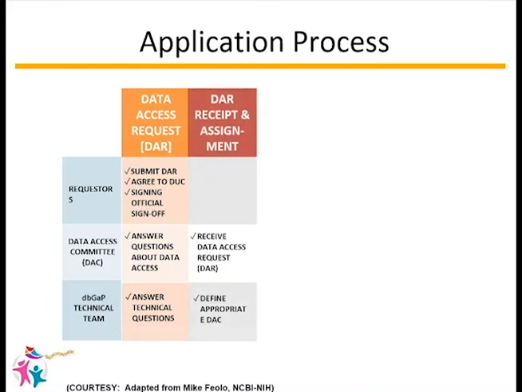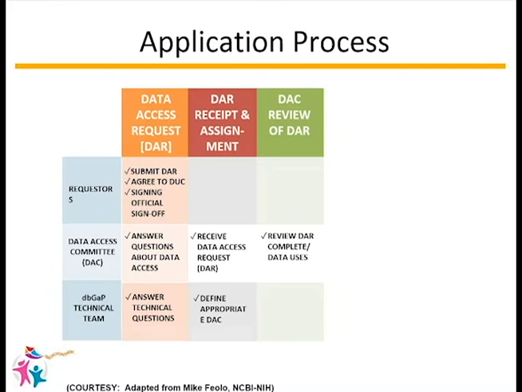Then that gets done, and the data access request gets assigned to me as the Kids First stack. We do a preliminary screen to make sure all of the administrative requirements have been met. And then we actually review the data access request.